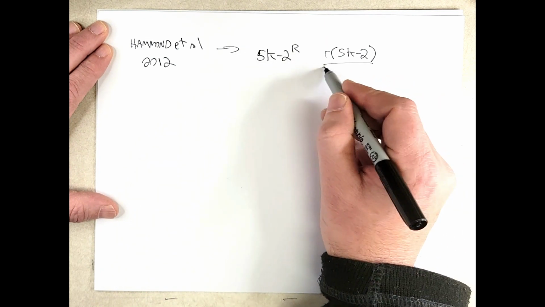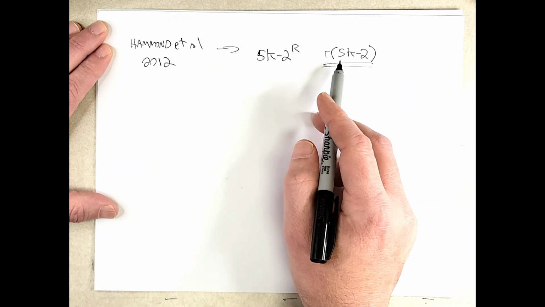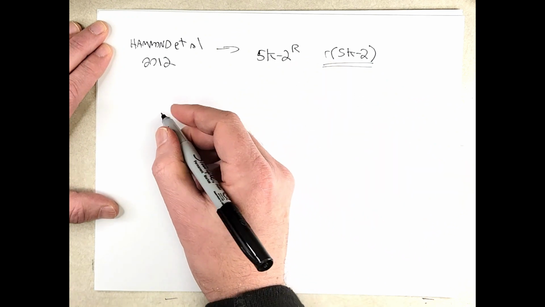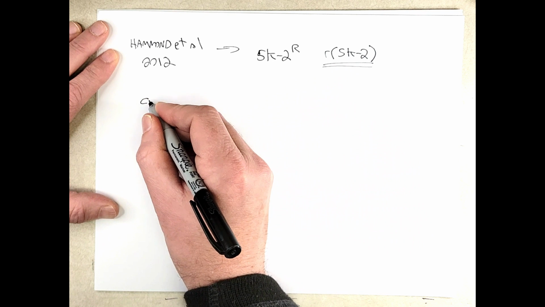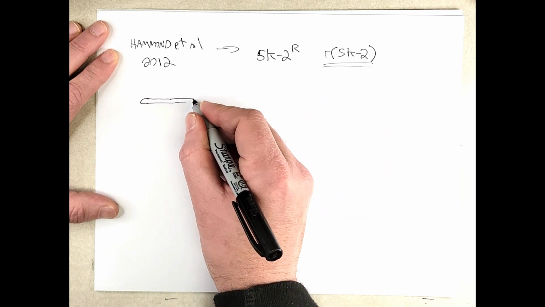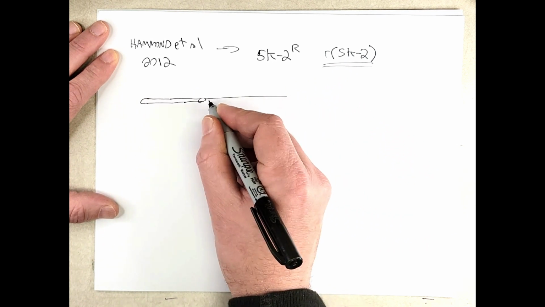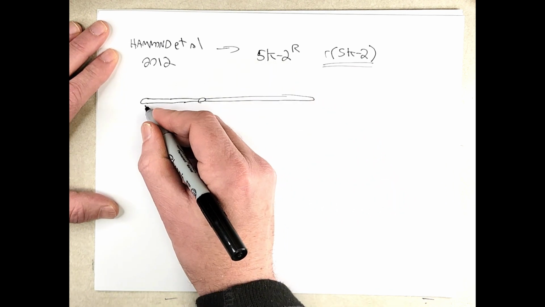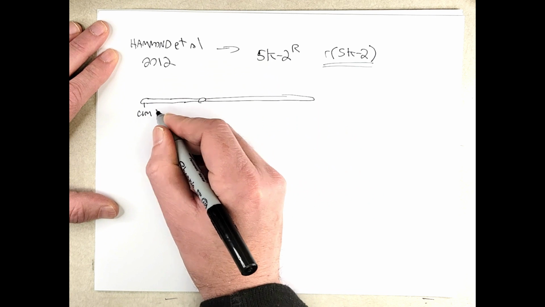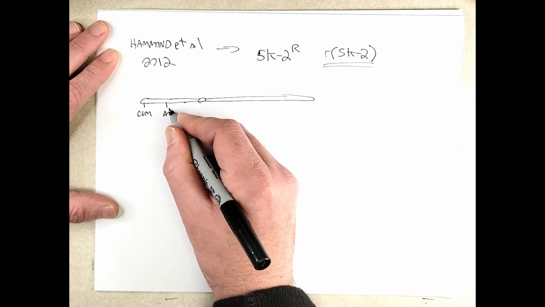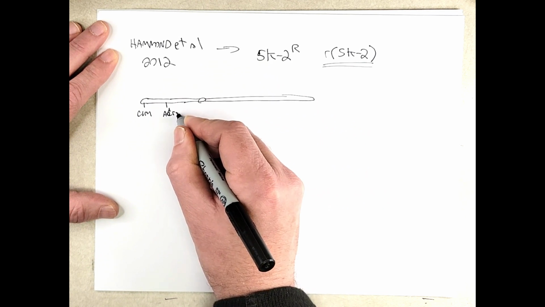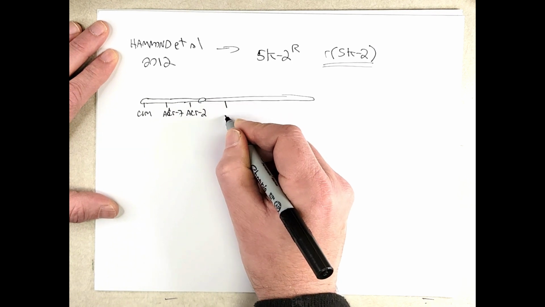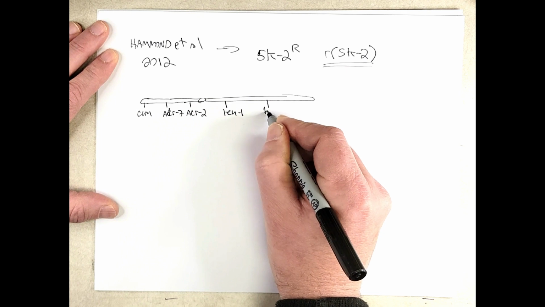And so we're going to refer to the gene, at least at this point in the video, as RSK2. And researchers had already shown that if this is chromosome 3 in an SK2R strain, and let's say this is where the cumulus locus is, this is where acroflavin 7 is, this is where ACR2 is, LU1, HIS7.